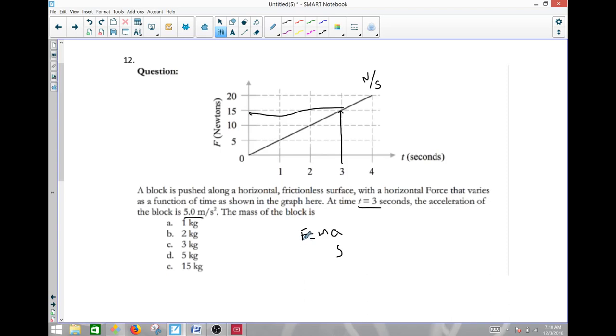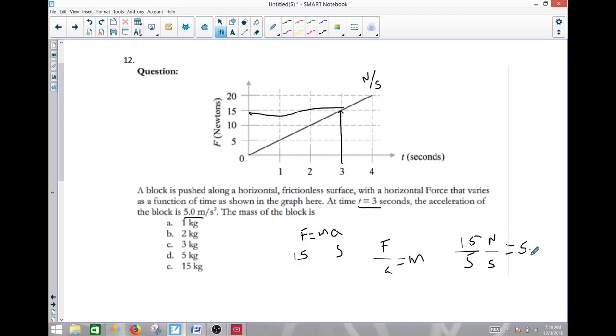Again, the force changes, the acceleration changes, but the mass does not. And notice the slope does not change. So this is going to be 15. Then F over A, solving for M, is 15 divided by 3. We take the newtons divided by the time in seconds. That's the slope. And the slope is equal to 5, which means the mass is equal to 5.